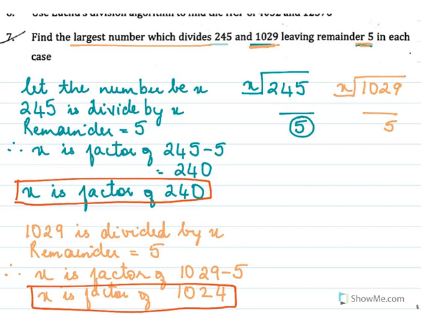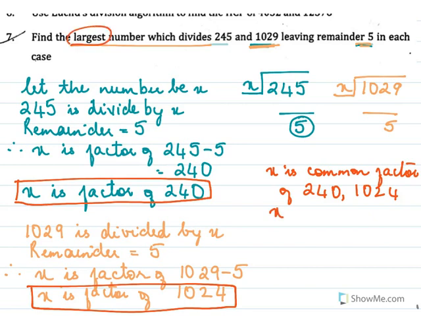So X is a common factor of both 240 and 1024. So we find X will be, if we want the largest number, X is the HCF of 240 and 1024.